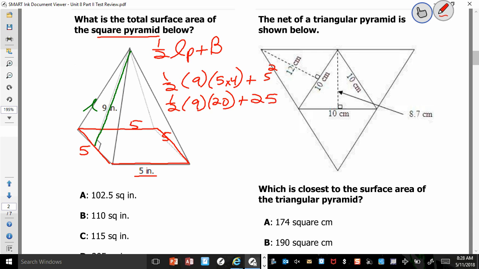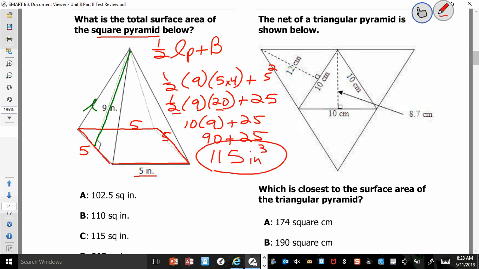Let's take 1/2 of 20. 1/2 of 20 is 10 times 9 plus 25. 90 plus 25. 115. Now don't forget your measurements on the test. If it's short answer, don't forget to put the measurements, okay? There we go.